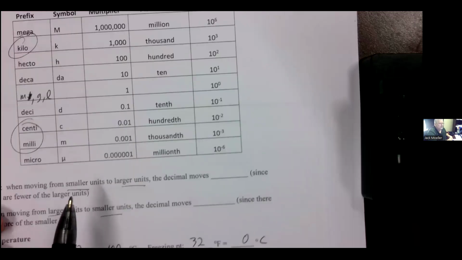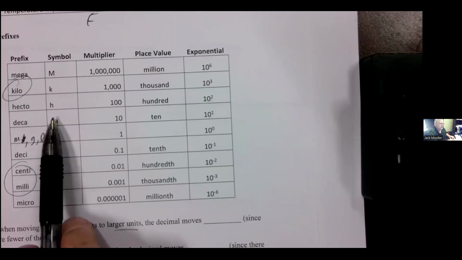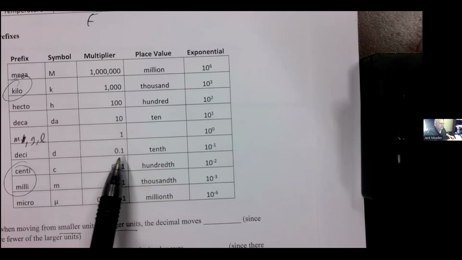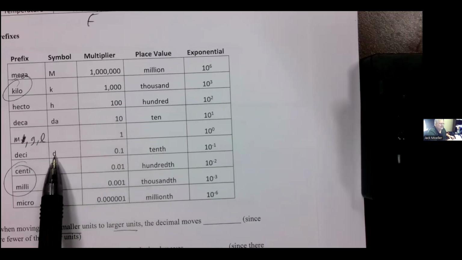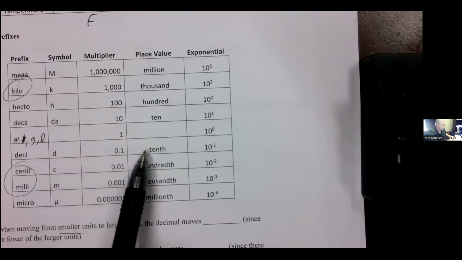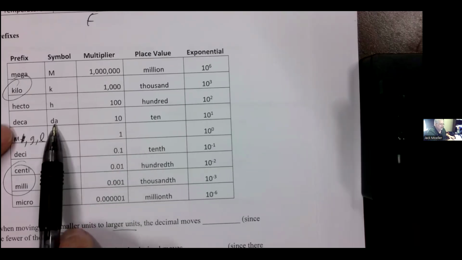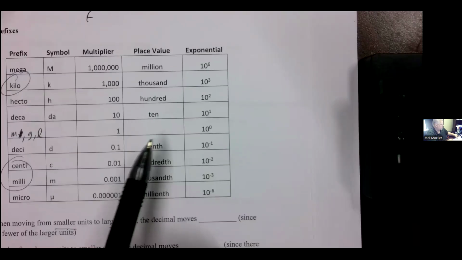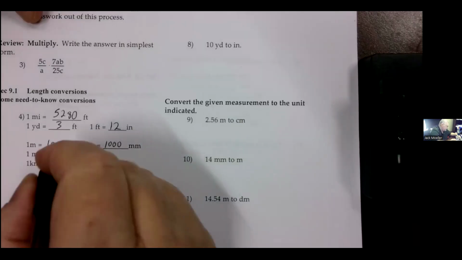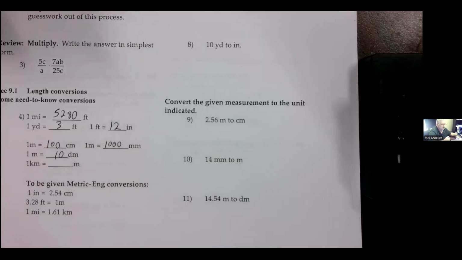You might have already mentioned this before, but what is D? Is it the big 10 or the small 10? Well, if it's deci, it's just d, so that would be 1/10 of a meter. Or if it was da, that would be 10 meters. So 1 meter is 10 decimeters because deci is the small.